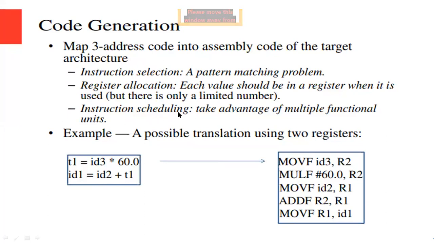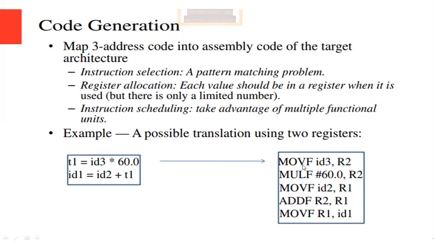So this is the final input of code generation, the output of code optimization, and it is converted into assembly level language. These are the functions: move, multiplication, move, addition, moving. These are the functions we are using in assembly level language.